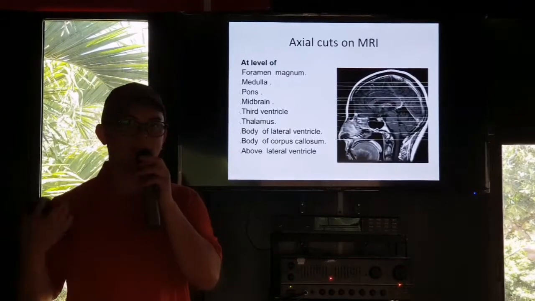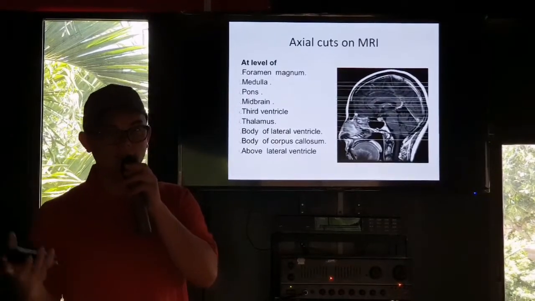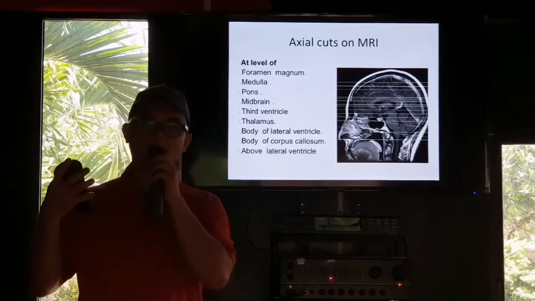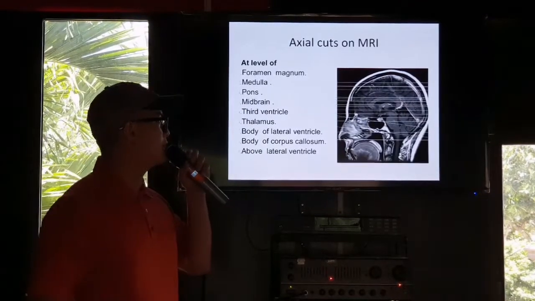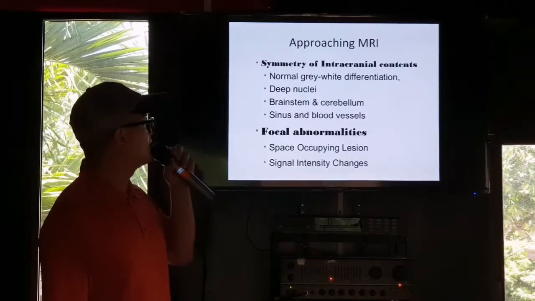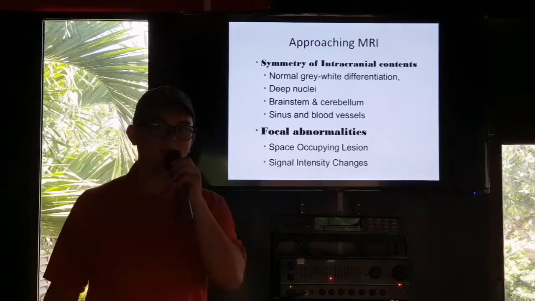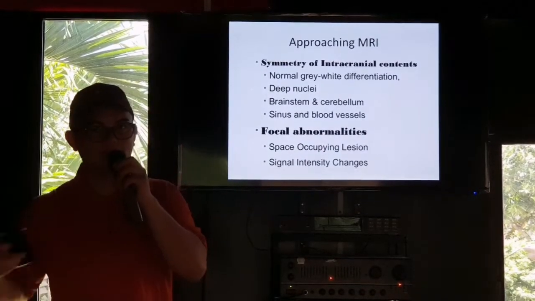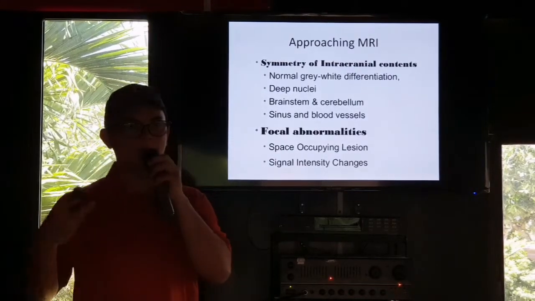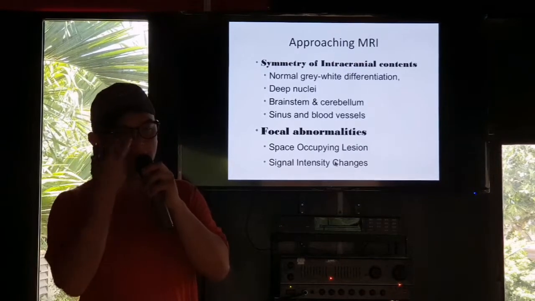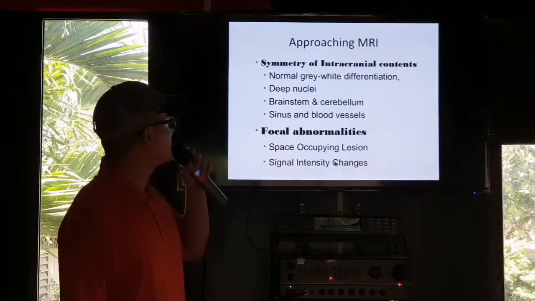You can see the branches, middle cerebral. You can see the circle of Willis, anterior cerebral arteries, and of course, you can also have an MRV or magnetic resonance venography, where you can see the venous sinuses better. So you can evaluate the dural venous sinuses, superior and inferior sagittal sinuses, the transverse sinuses.